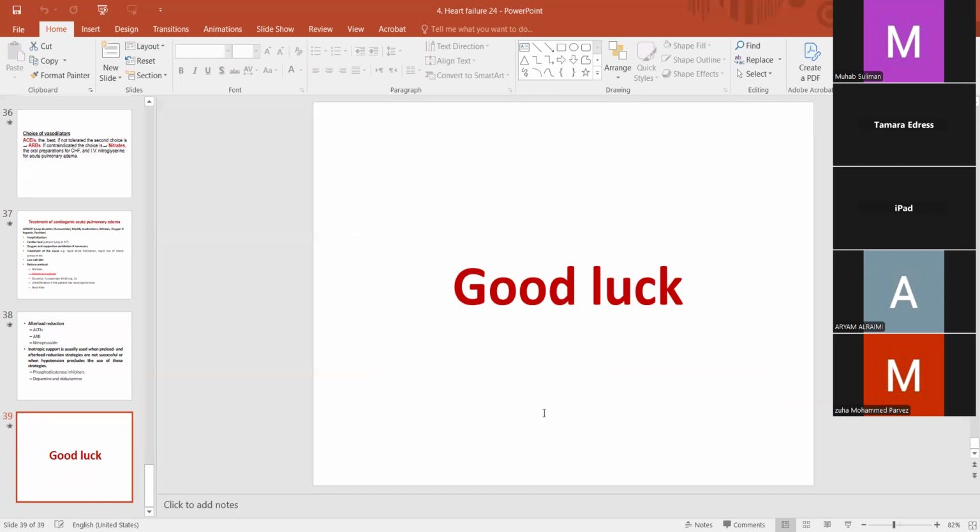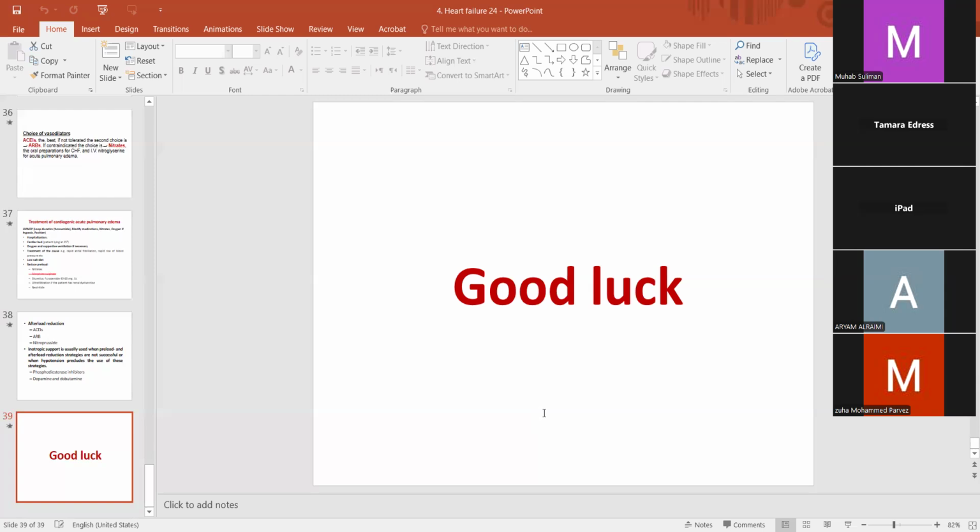How to manage the patient with heart failure. Heart failure is a chronic disease. The main problem is that heart failure is a progressive disease. And therefore the patient continues to progress from stage A up to stage D, advanced heart failure, with time.